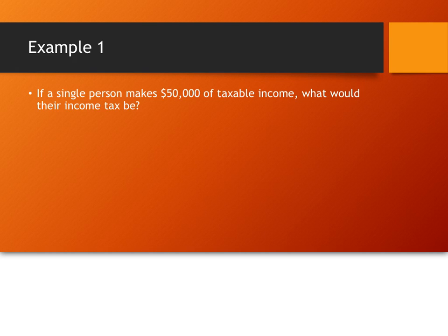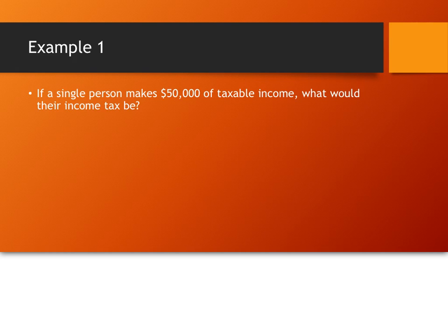So what that means, since this is a single person, we look on our tax bracket, and 50,000 falls above 36,900, but it's less than 89,350.